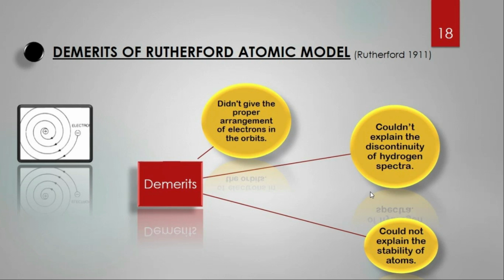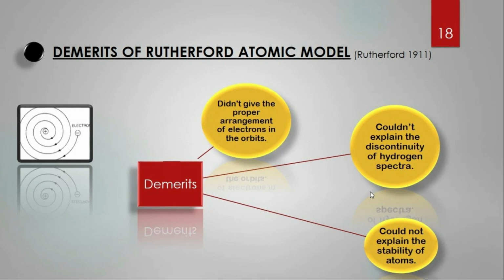So, in order to overcome these demerits, someone has to come with a new model or modify this atomic model to satisfy both Rutherford's atomic model and Maxwell's theory of electromagnetic radiation. And then Bohr came with the modification of Rutherford's atomic model.